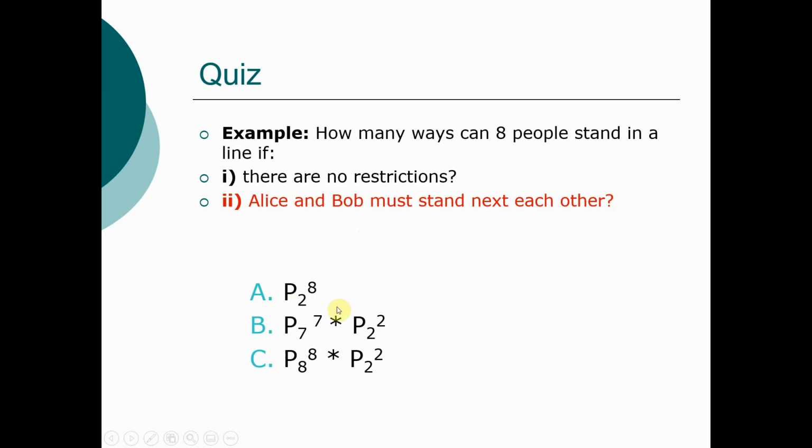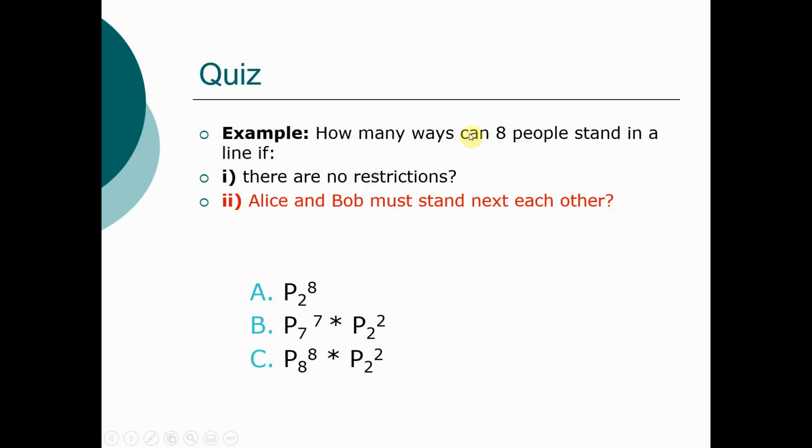So for all of these permutations that we have, we have to multiply by the number of permutations that we have for Alice and Bob, because in each of these cases, Alice can be either on the left or right of Bob. So that's why the answer for this one is option B.